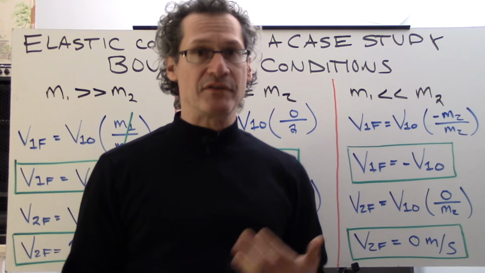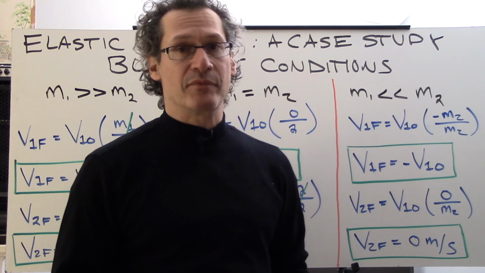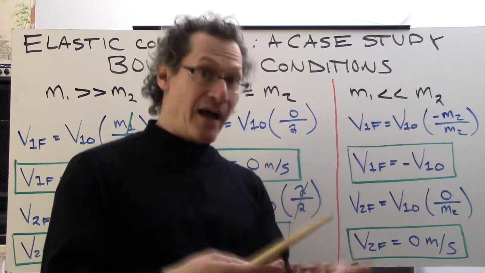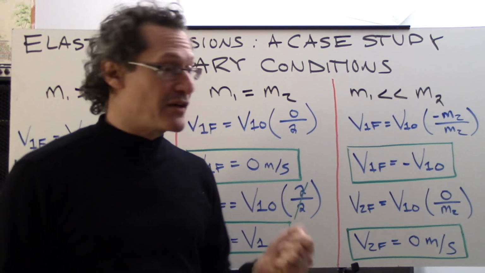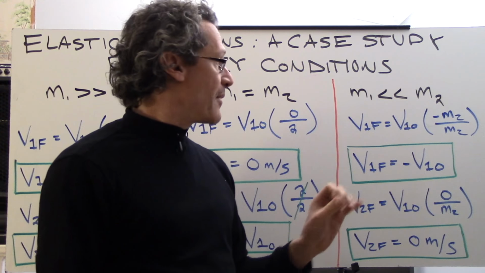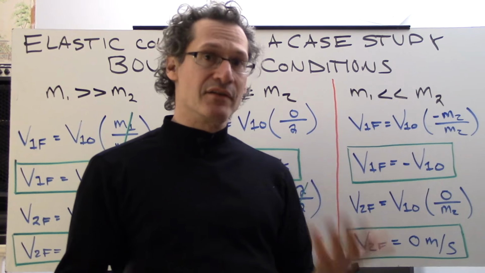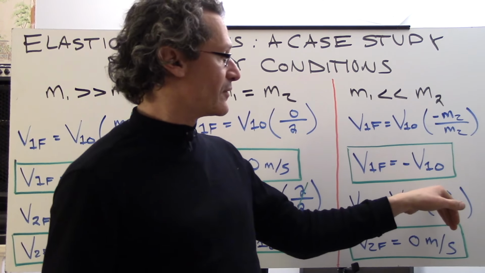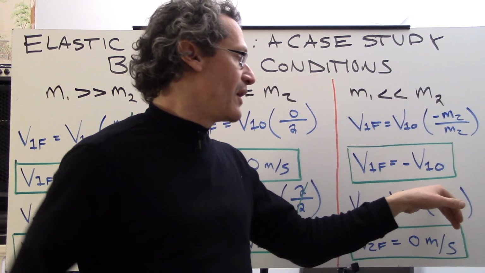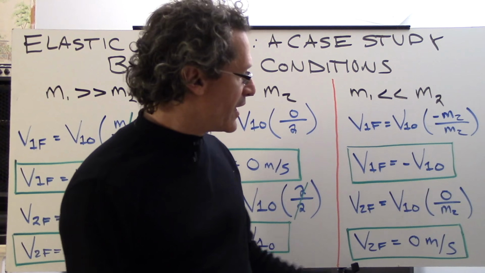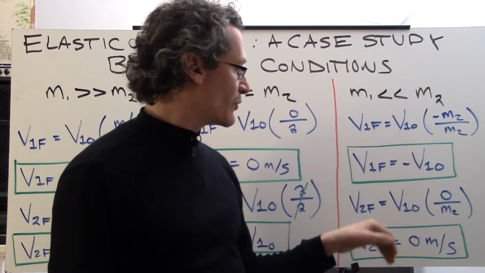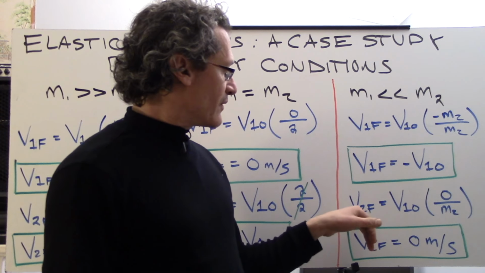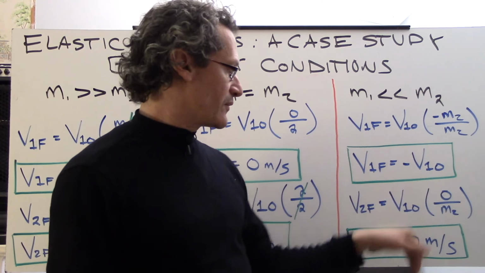What about V2? What about the massive M2 that is staying still? Well, it kind of becomes the immovable object because M1 is so small, it's in the numerator, and 2M1 is almost nothing. So we're going to just basically approximate that as 0. Anything that's M1 is 0 in comparison to M2, so we have here at the extreme that V2 final equals, well, 0 meters per second.